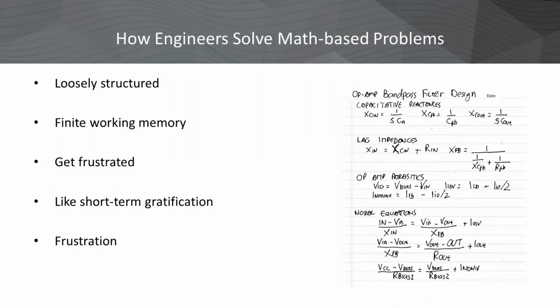Now, let's move on to the human factor. This was an important factor in helping us design Maple Flow. An engineer sits firmly in the middle of the problem-solving process. The way most engineers solve math-based problems is really very loosely structured, and some would say uncharitably haphazard.